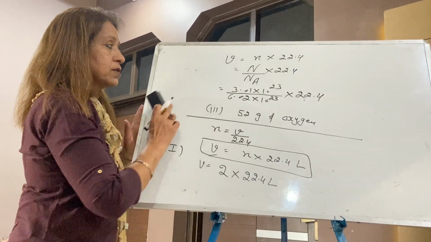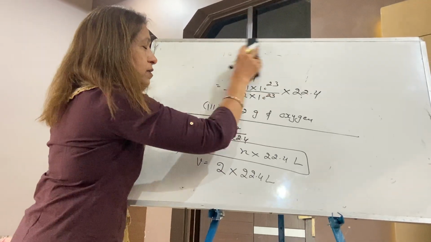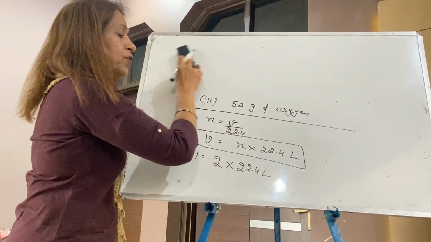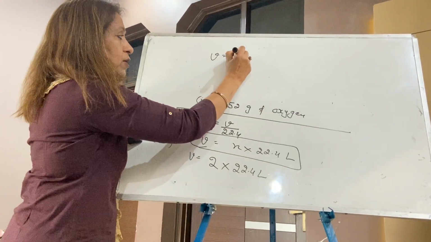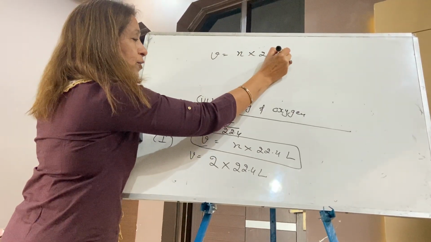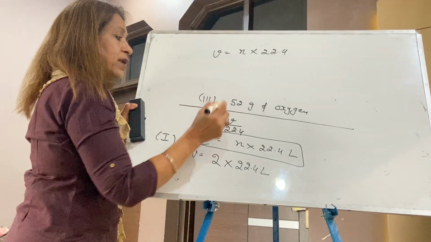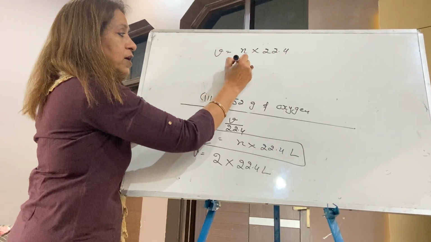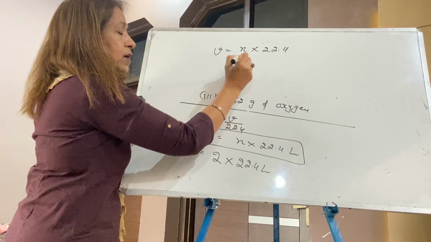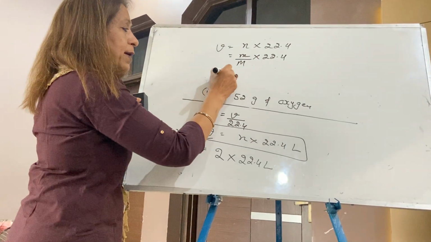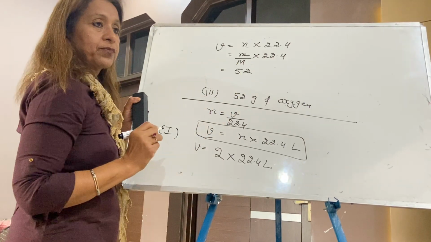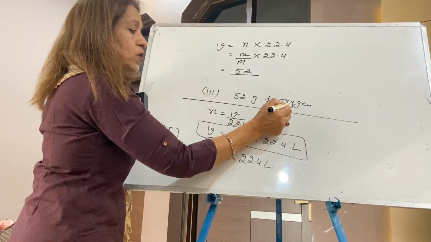Now third is, what is the volume of 52 gram of oxygen? Again take the same, volume is equal to n into 22.4. So what is n? They are giving grams, so you put n is small m by capital M, into 22.4. Small m is 52 gram, and capital M is of oxygen.